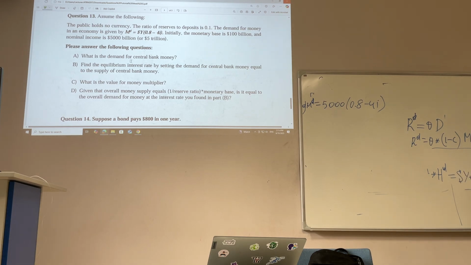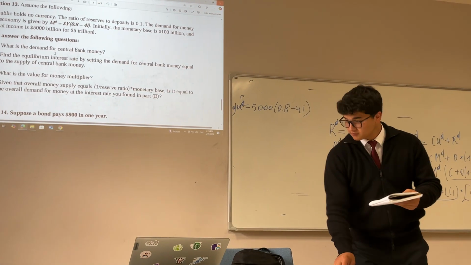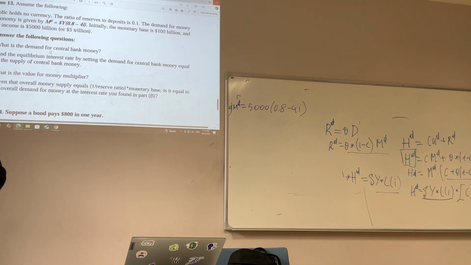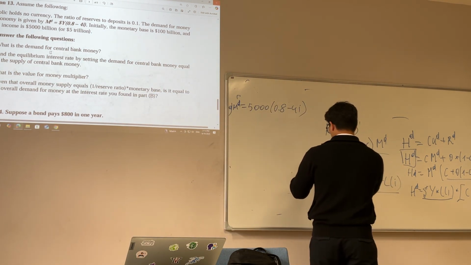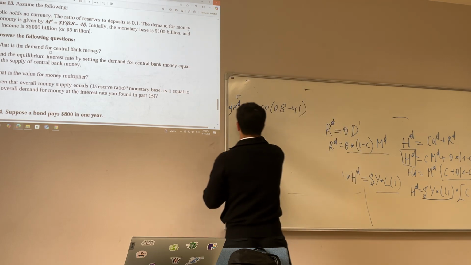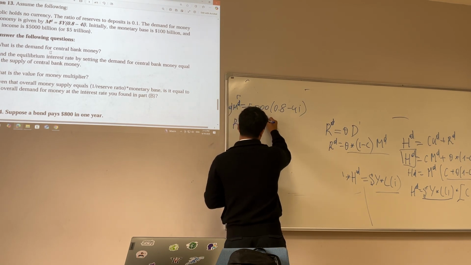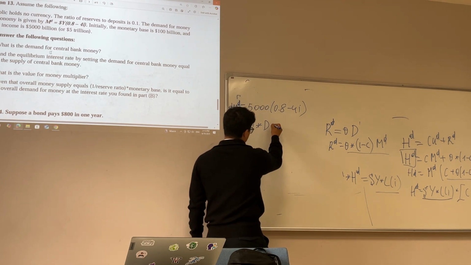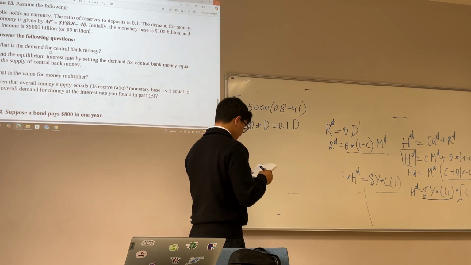I need to write what I did in similar. So here, we know that our R is equal to D, and this ratio is equal to 0.1 D.